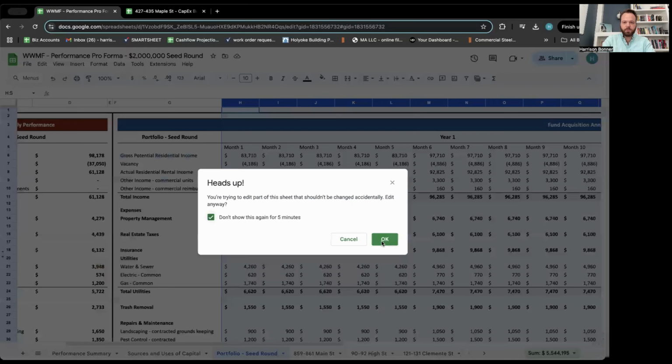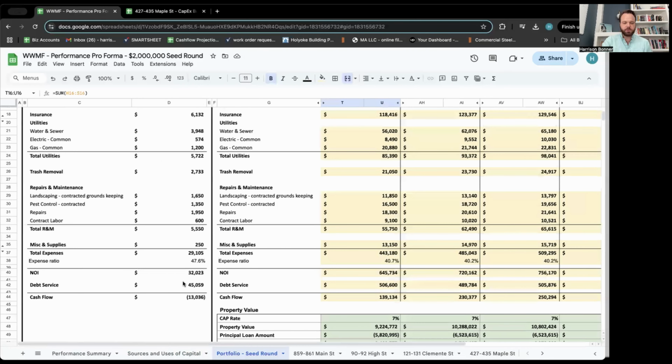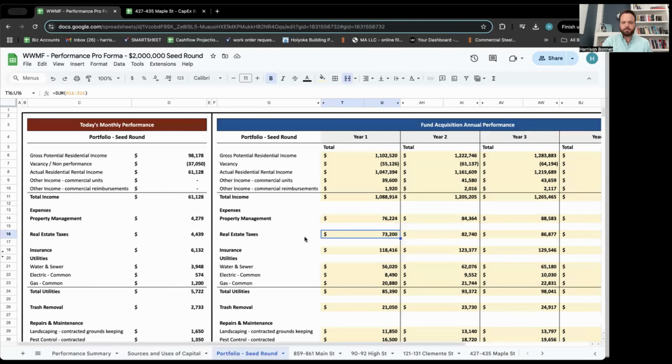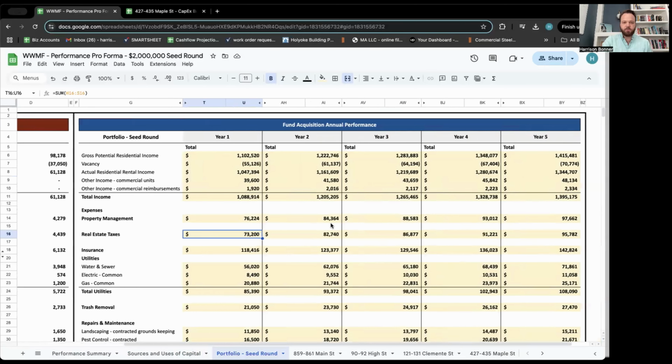Okay, there we go. But I have it summed by the year. So we have today's performance, so you can see how we are generally performing today. And then we have the model performance over the hold period.